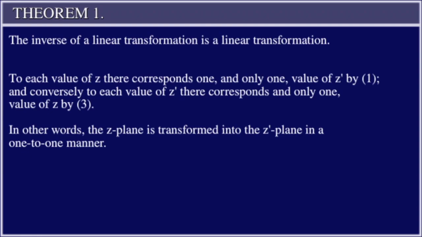To each value of z, there corresponds one and only one value of z prime by equation 1. And conversely, to each value of z prime, there corresponds one and only one value of z by equation 3. In other words, the z-plane is transformed into the z-prime plane in a one-to-one manner.